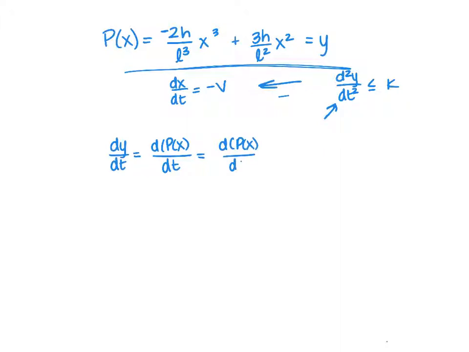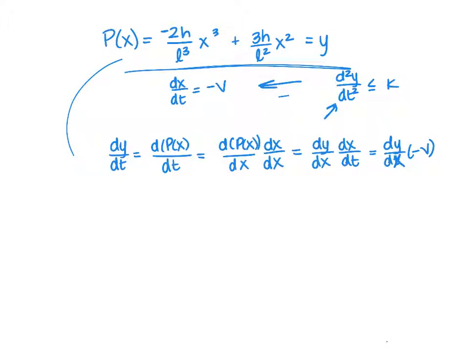So we'll first take the derivative with respect to x, and then multiply it by dx/dt. Again, I wrote dP, but remember that's also y. And dx/dt is just minus v.